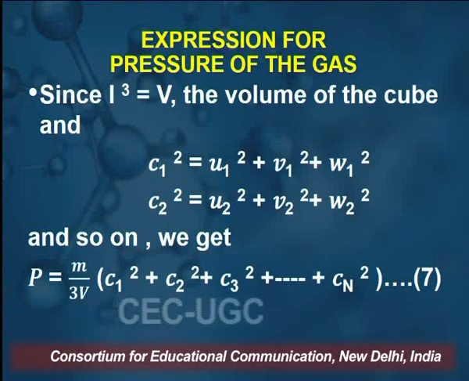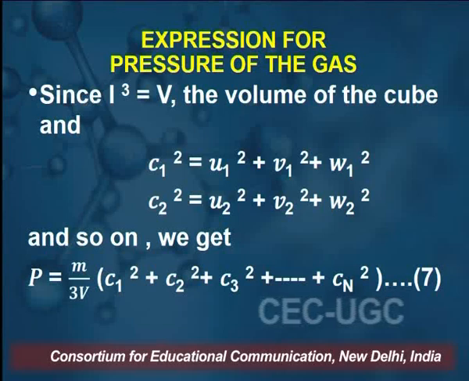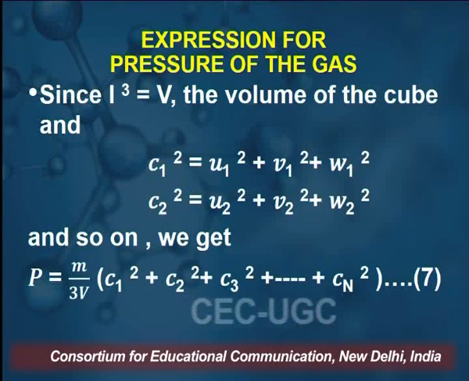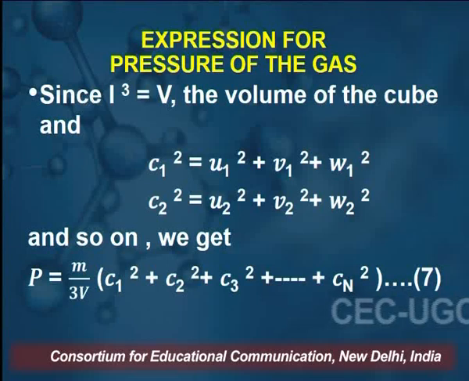We get P is equal to m by 3V into c1 square plus c2 square plus c3 square plus so on so forth cn square. Call this expression 6.